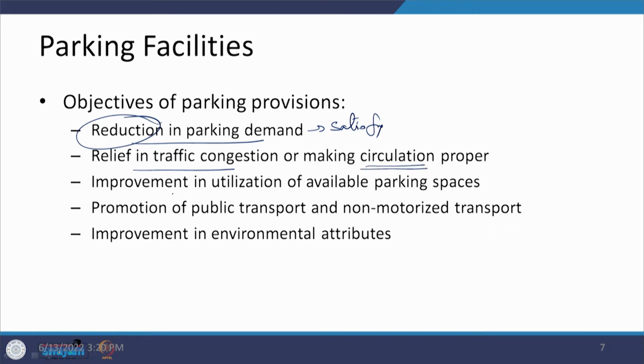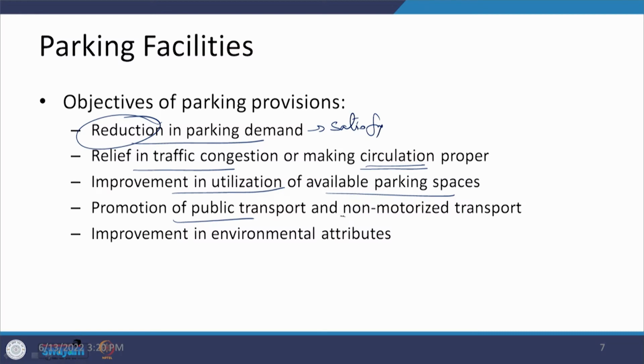Then improvement in the utilization of the available parking spaces. Haphazard parking is not being allowed. A very systematic orderly parking is there by way of the type of vehicle, location being defined, etc. So, this will result in a better utilization of those spaces, and as I said, it is also going to help in the economic development of the area adjacent to those parking spaces.